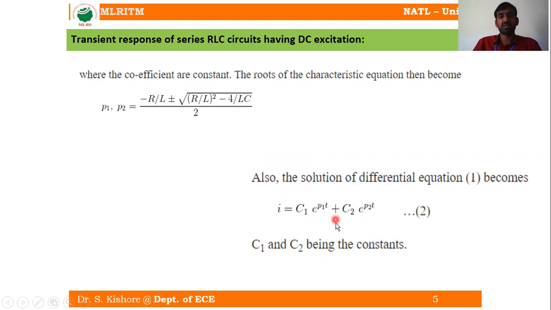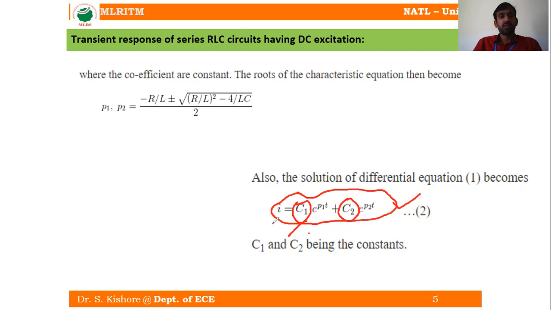It is a combination of C1 e power P1t and C2 e power P2t, which is going to be our solution for the second order linear differential equation, P square plus R by L into P plus 1 by LC into I is equal to 0. Here C1 and C2 are going to be arbitrary constants.